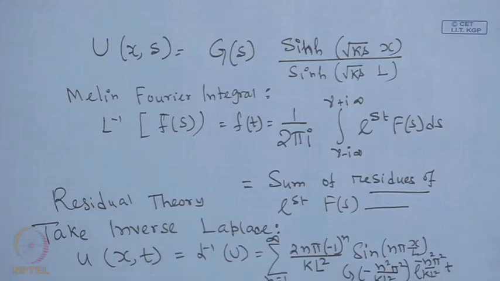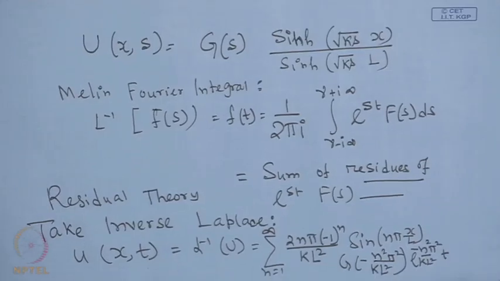So, this gives the complete solution in the actual u of x, t by taking the Laplace inverse. Only thing is the functional form of G. If this would have been known, then we could have got the complete expression of u.